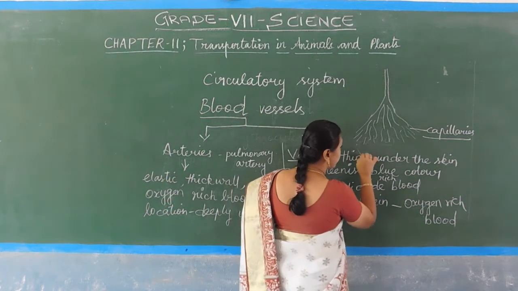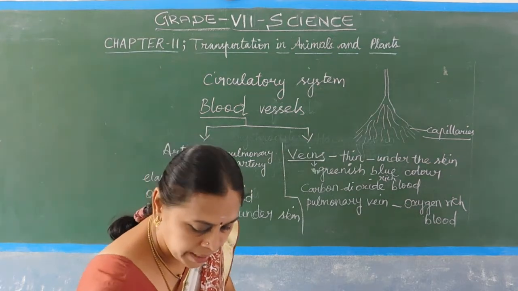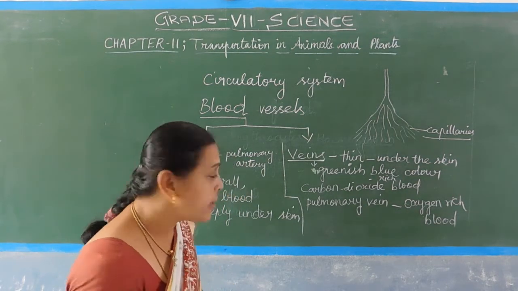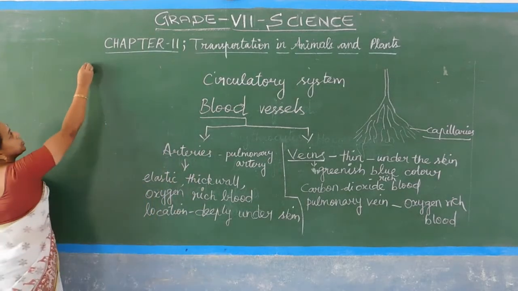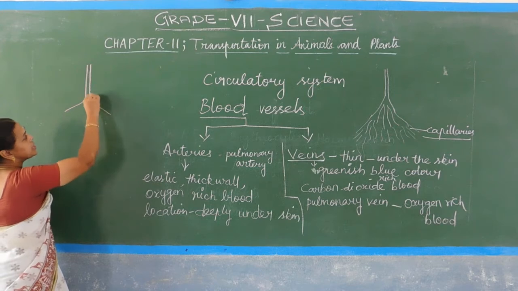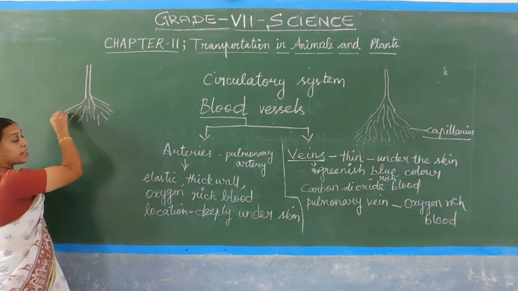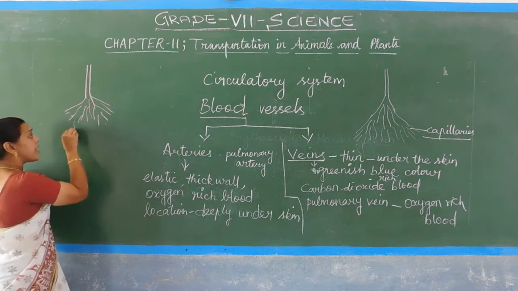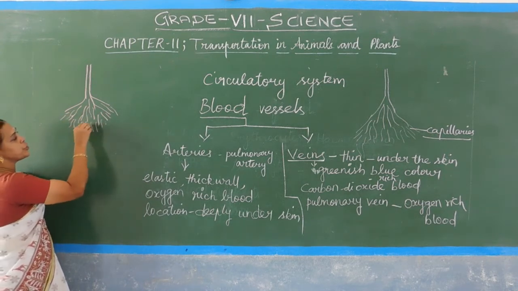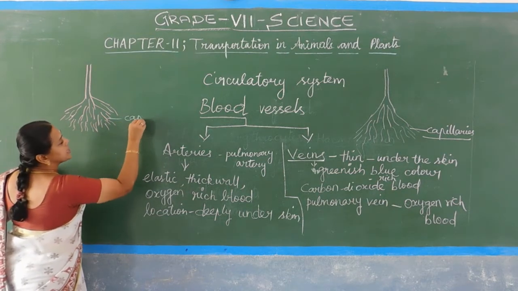Drawing this side. For example, arteries are in what color I said? Red color. So if this is the artery and it divides into many branches, when it enters into the tissues of the cells, it will again finally divide into many thin tubes, and those parts are called capillaries.